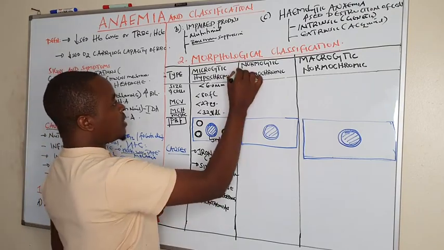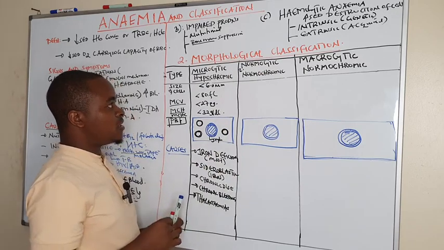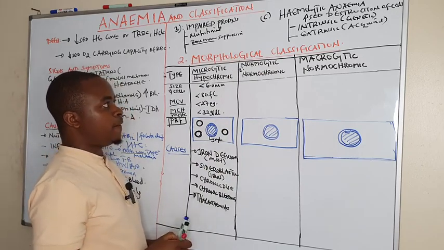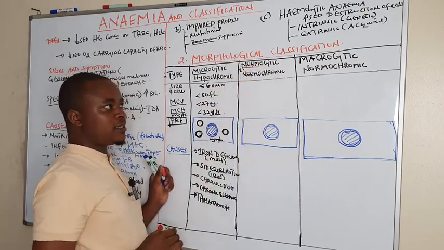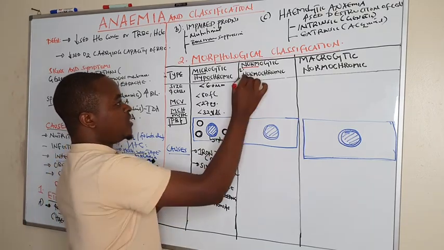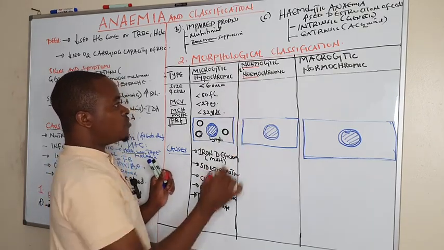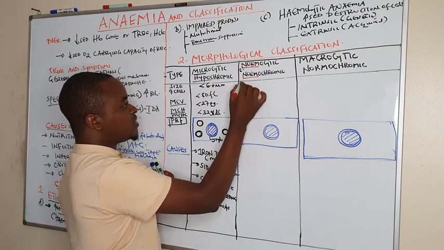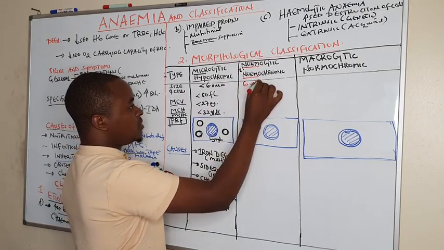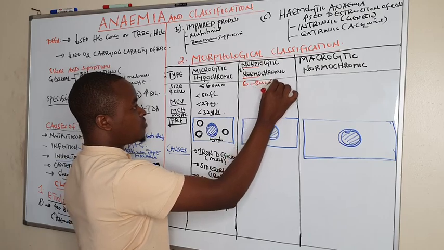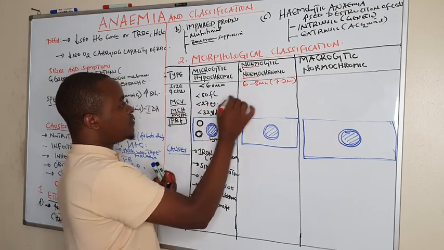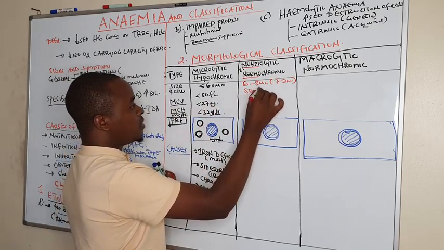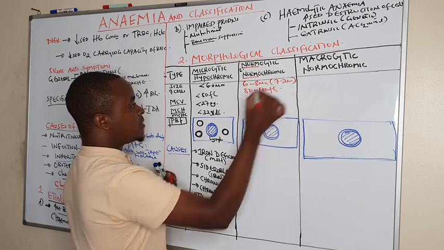The second one we can discuss is the normocytic, normochromic type of anemia. Normocytic means the size is normal, and even the staining or the HB content is normal. So we're going to see the size of this red cell is between 6 to 8, with an average of 7.2 micrometer in diameter. Then the MCV is between 80 to 100 femtoliters.